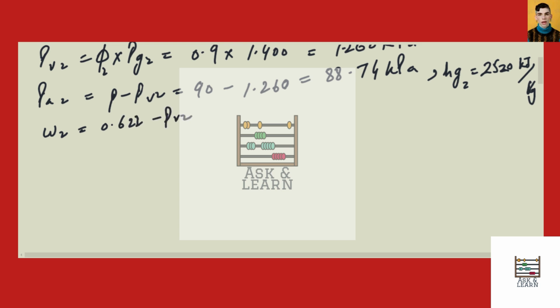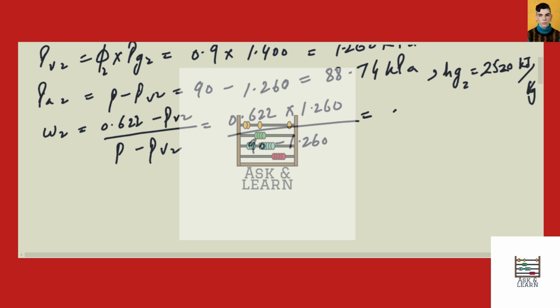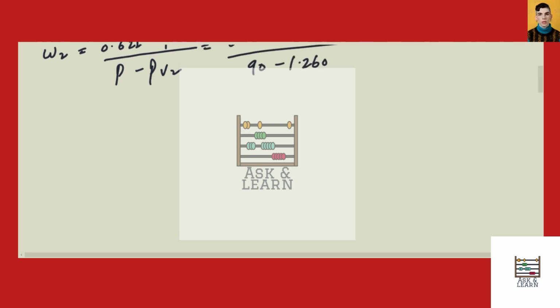So guys, we've got the value of W2 is equal to 0.622 multiplied by PV2 divided by P minus PV2, and that is equal to 0.622 multiplied by 1.260 divided by 90 minus 1.260, is equal to 0.00883.